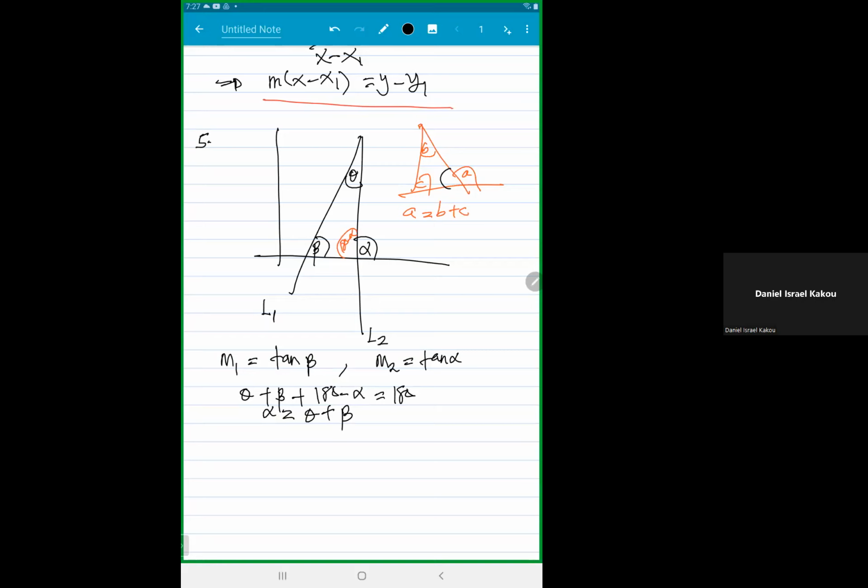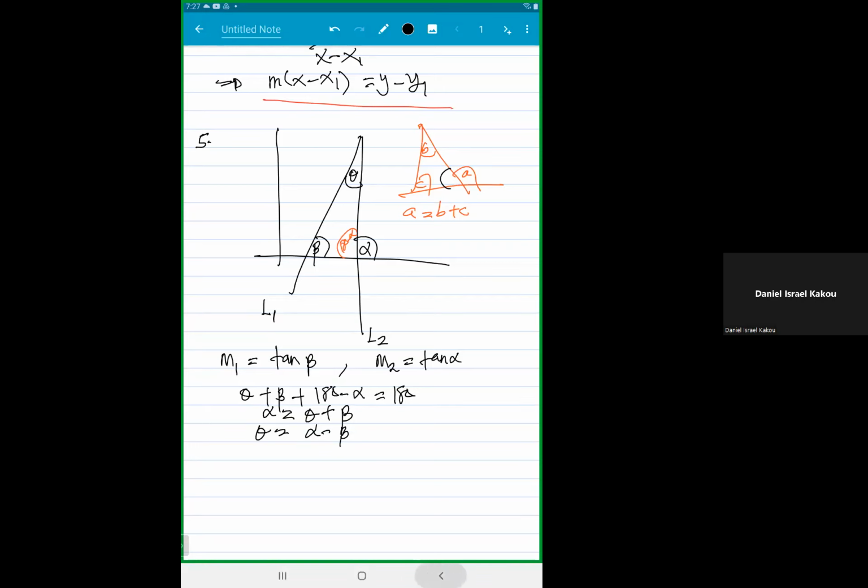But the angle we are interested in is theta, so why don't I make theta the subject? Theta becomes equal to alpha minus beta. Now I'm somehow close to finding the angle between the two lines and what it has to do with the gradients of the two lines.